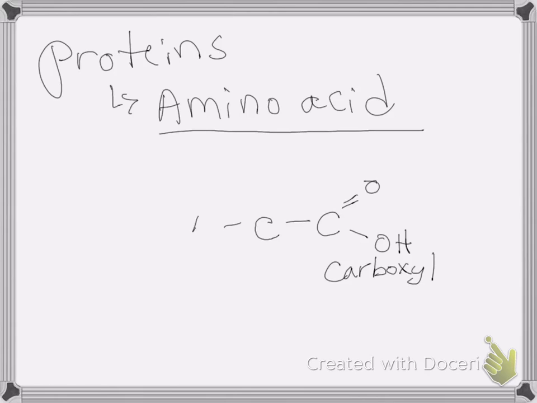And on the other side, we put an amino group, which is very close to ammonia. So we have amino acid. Does everybody see what we have so far? The amino group is always NH2. The carboxyl group, we usually abbreviate COOH.